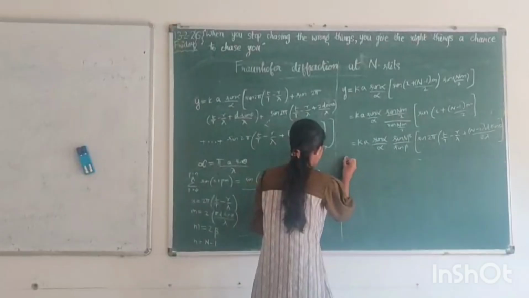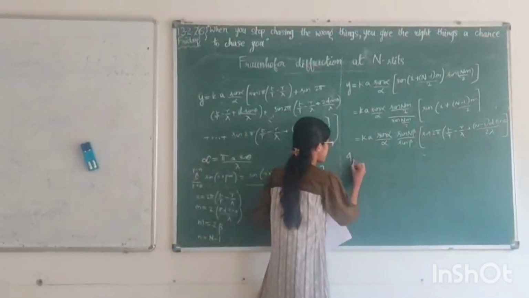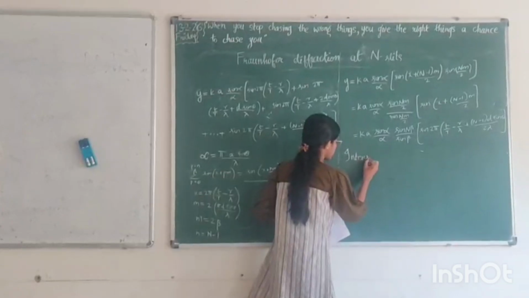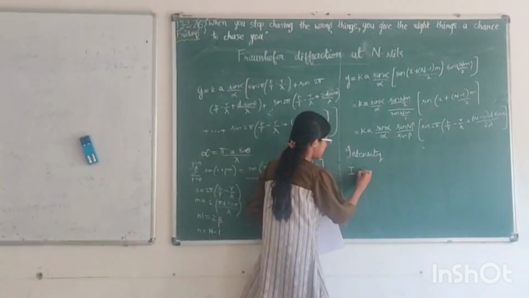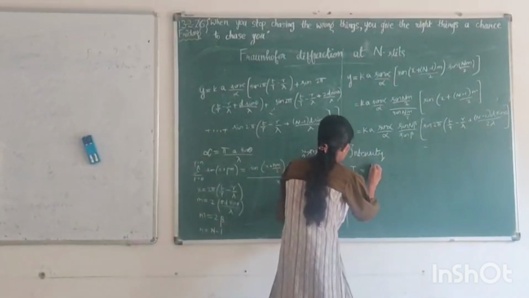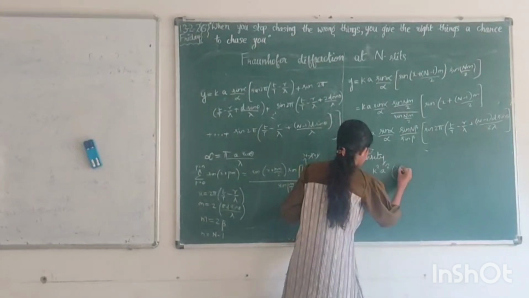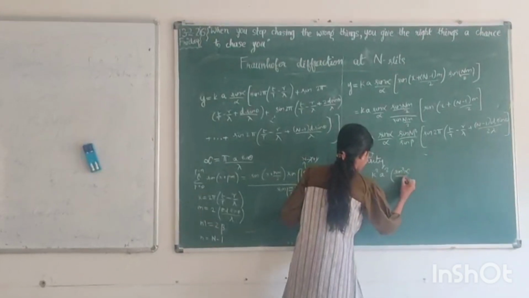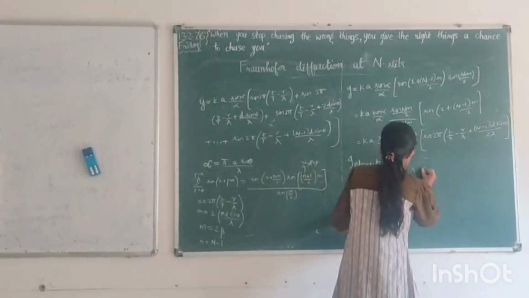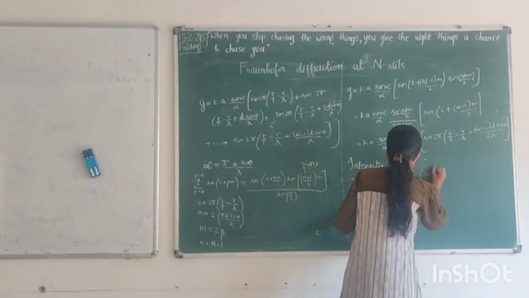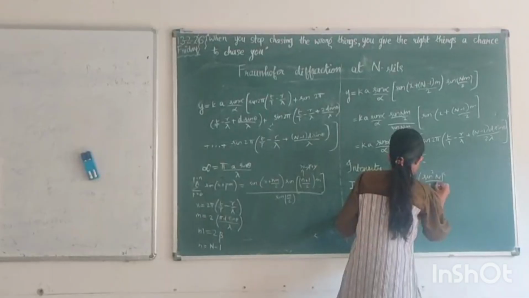Now we find the intensity at P dash. So this intensity at P dash is equal to A square, sin square alpha by alpha square, into sin square n beta by sin square beta.